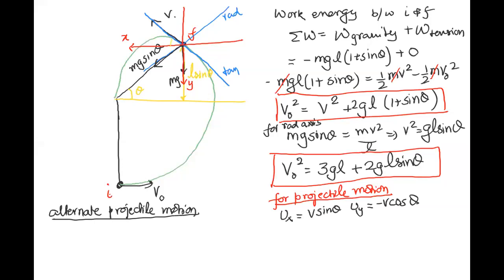So this angle is 90 minus theta. This component is V sine 90 minus theta. This component is V cos 90 minus theta. Yes, वही इसीलिए मैंने alternate projectile motion लिखा हुआ है ना, मैं दोनों तरीके से करके दिखाता हूँ. ax is equal to 0, ay is equal to minus g.